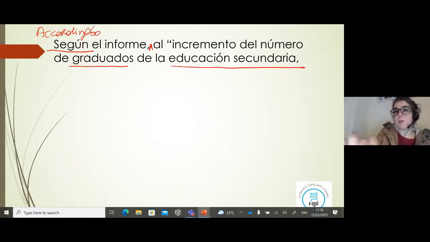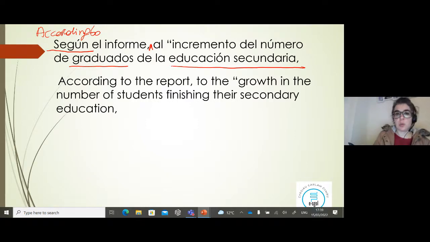So write down right above what you know and try to work out the words that you are unsure of. I'm going to put the answers down. According to the report, el informe, to the growth, el incremento, in the number of students finishing their secondary education.